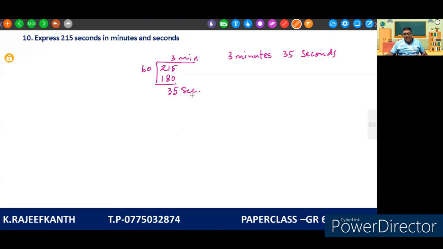Because in 215 there are 3 60s, and in 1 minute there are 60 seconds, so 60 seconds we can take as 1 minute. So first we have to find in 215 how many 60s are there. There are 3 60s, so 3 times 60, 180. Then the balance is 35. So we can write this as 3 minutes and 35 seconds.